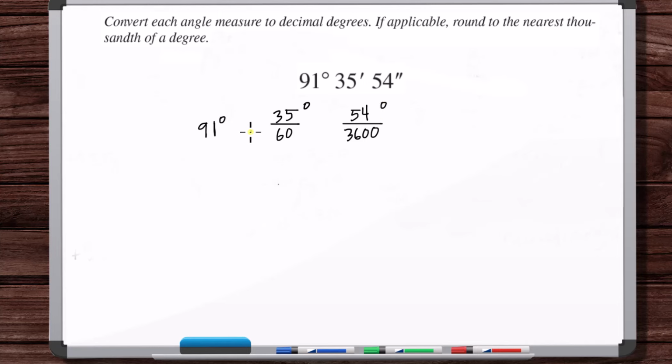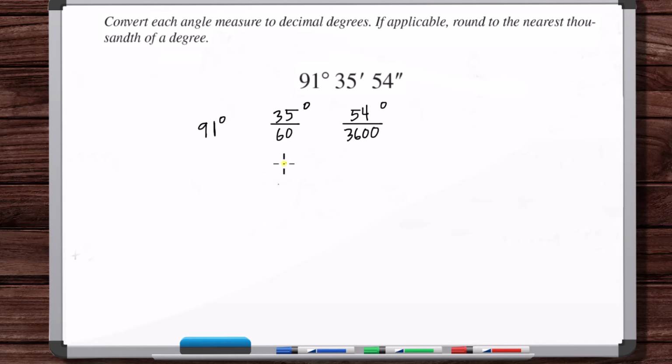And now here we could just add it, and we'll get the decimal. But if this was negative, then you would add these two, get a decimal, and just stick that decimal on the end.